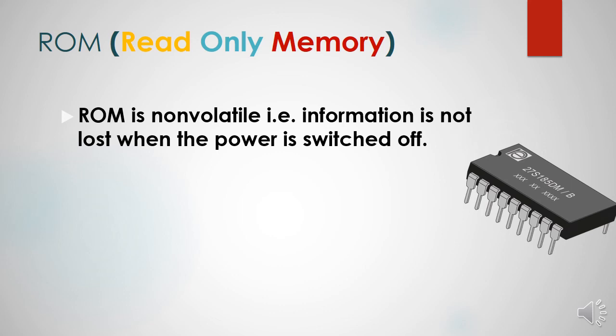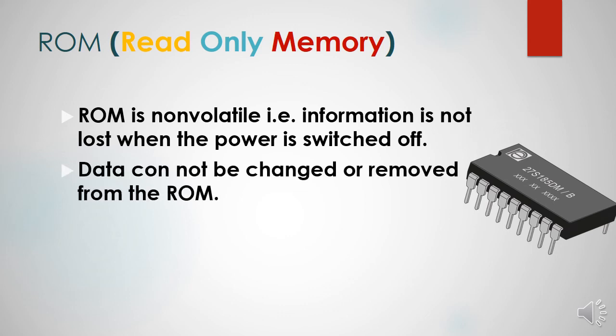ROM is non-volatile, such as information is not lost when the power is switched off. We know that RAM is volatile, so data can be lost when the power is switched off. But ROM is non-volatile, means data cannot be lost from the ROM when the power is switched off.